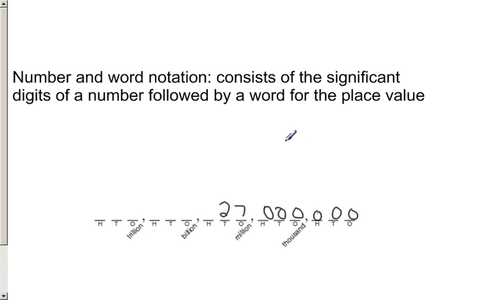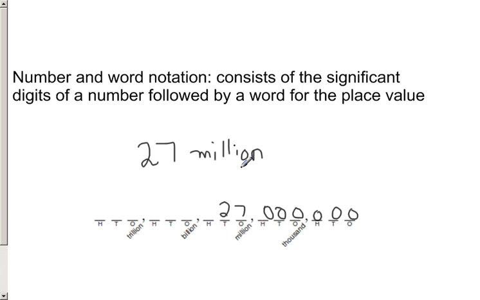The number and word notation is going to be my greatest place, which is 27. And I'll see that comma, which will give me the indicator of my place value place. So 27 is in the millions.